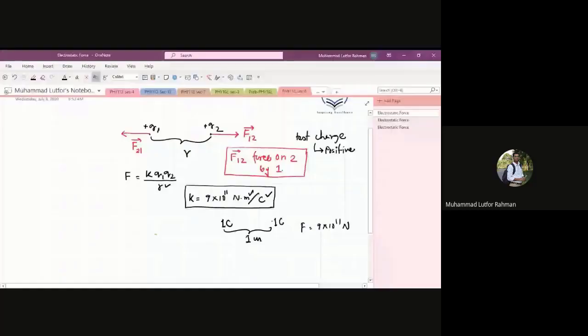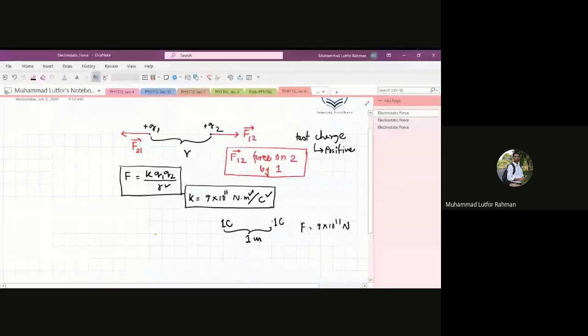Remember this constant. Since this is the magnitude, I can find it directly, right? That's very straightforward. If I know the magnitude of the charges and the distance between them, I will be able to find the force.